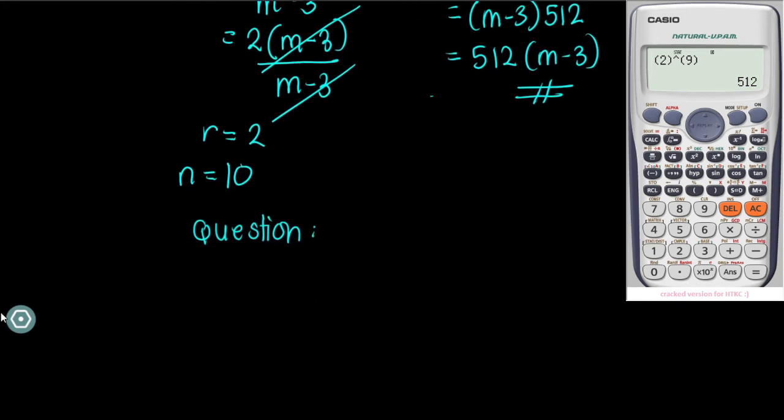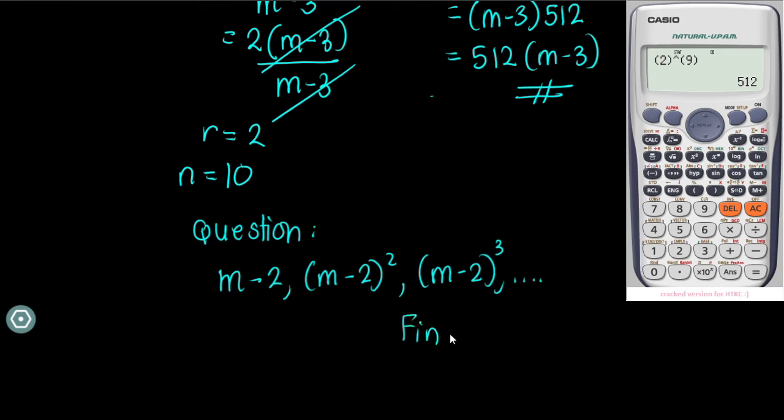Alright, let's give a try. This one question is m minus 2, (m minus 2) squared, (m minus 2) to the power of 3, find the 12th term.